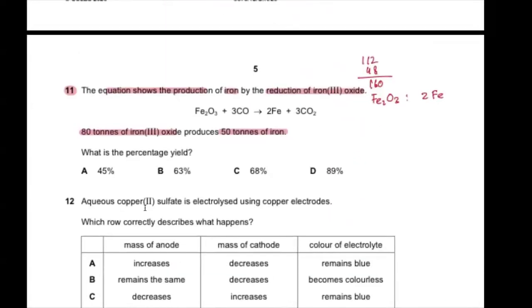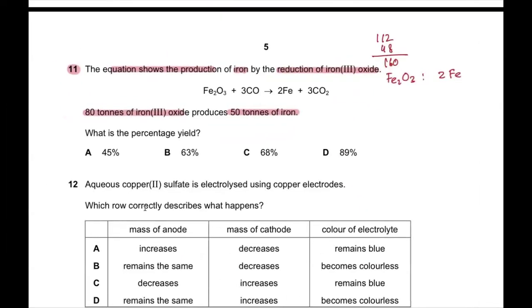So it means 160 grams is going to produce 112 grams of iron. So if we have 80 tons, then how much iron can we produce, X? X is going to be 80 times 112 over 160.